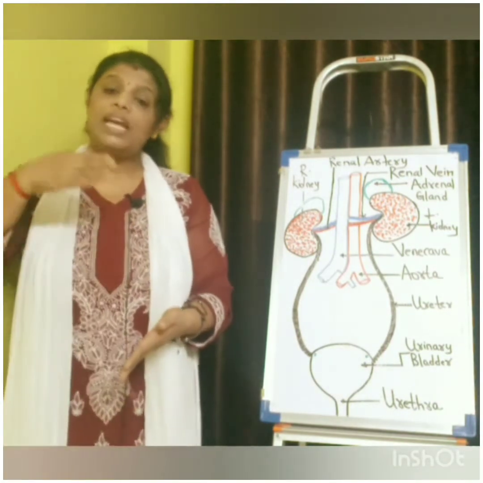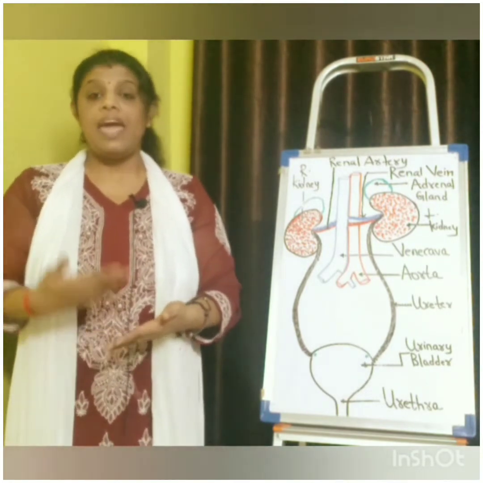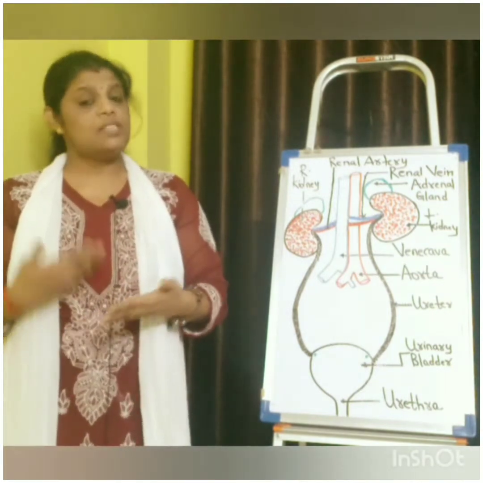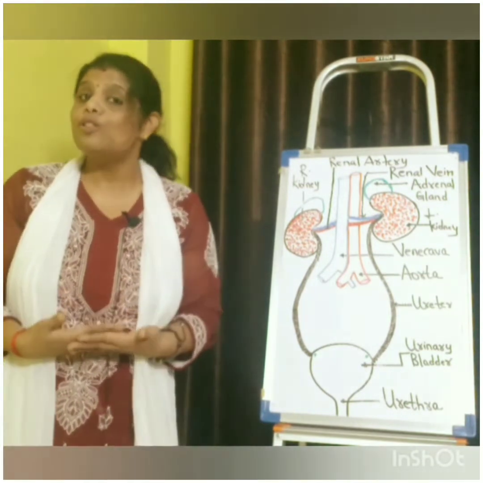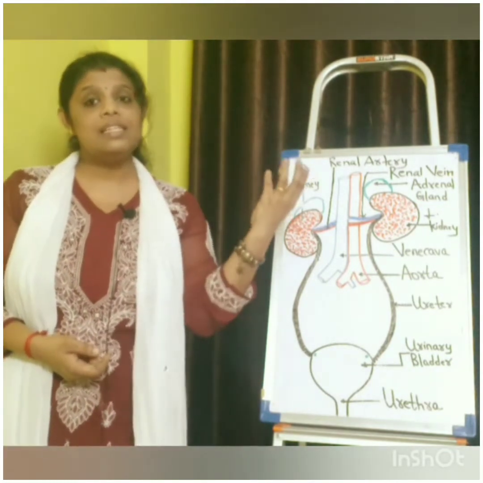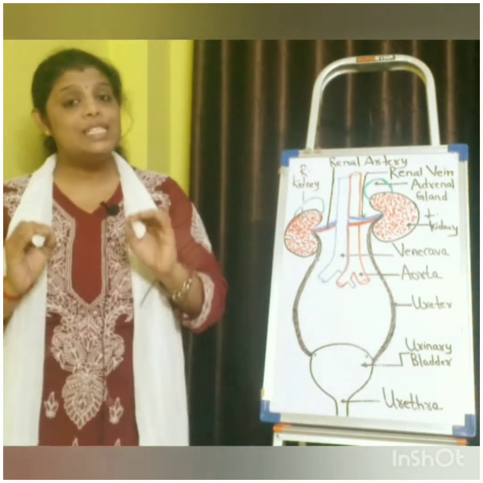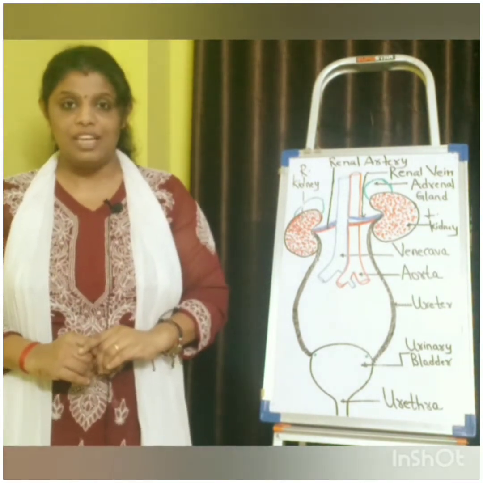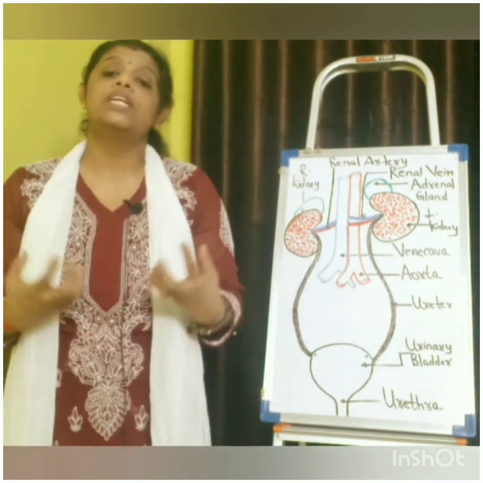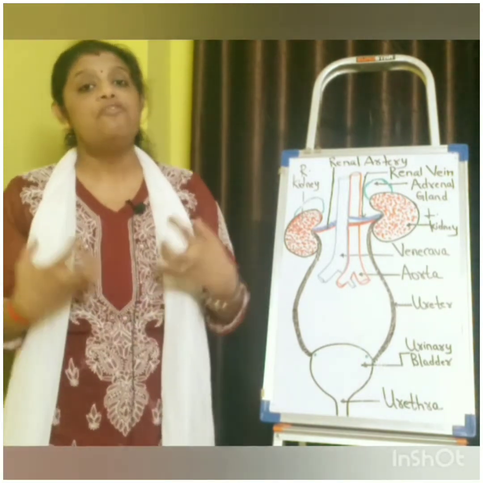When it is filtered and sent back to the bloodstream, everything entering via the blood will include waste material also, that is not required by our body. Some materials are required in large amounts, some in small amounts by the body. So everything is brought by that blood and that blood needs to be filtered.